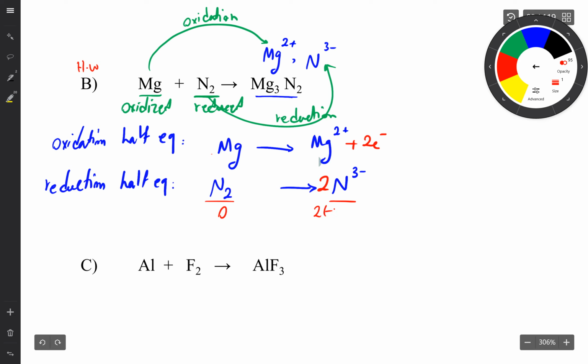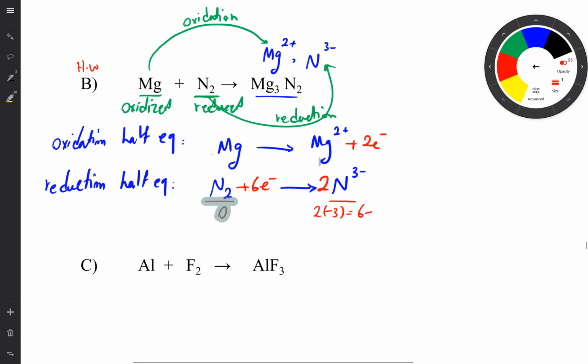Each nitride has a -3 charge, so the total charge at the right side is 6-. If we want to make the charge equal in this reduction half equation, we have to add 6 electrons to the left side. So now the mass and charge, both of them, are balanced.